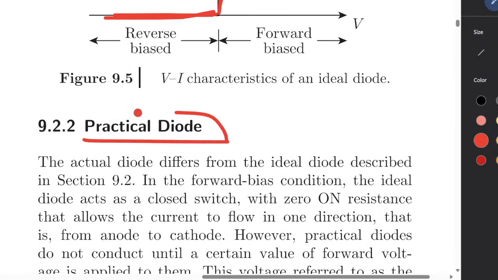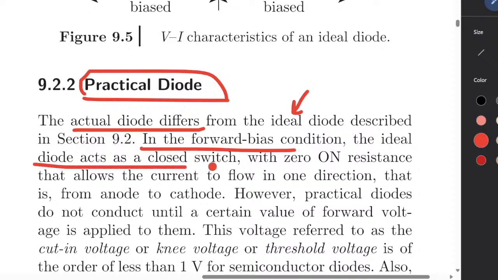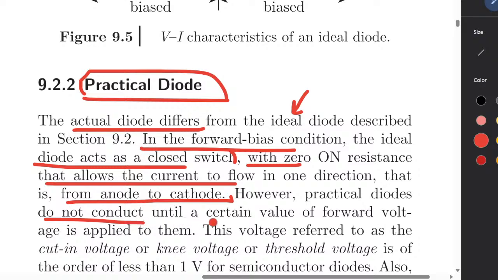So what is ideal and what is practical? The actual diode differs from the ideal diode described. In forward bias condition, the ideal diode acts as a closed switch with zero on resistance that allows the current to flow in one direction, from the anode to the cathode. However, a practical diode does not conduct until a certain value of forward voltage is applied.